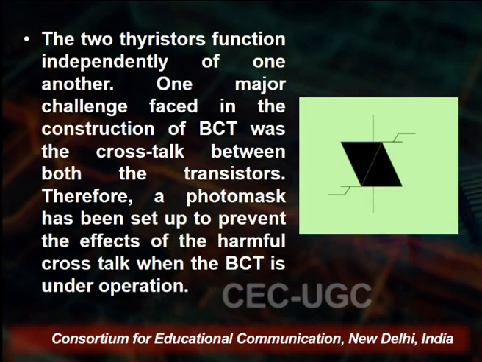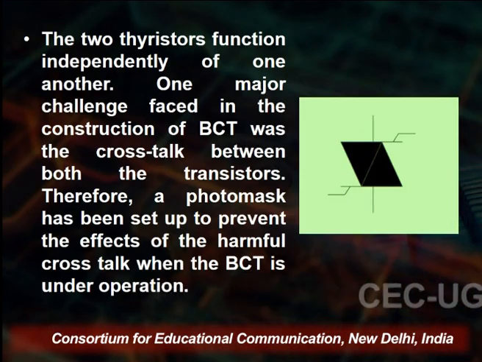One gate terminal switches the current on in the forward direction, while the second gate terminal switches the current on in the opposite direction. You see here in the diagram, they are defining the two gates. The two thyristors function independently of one another.